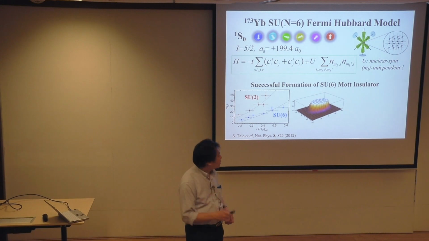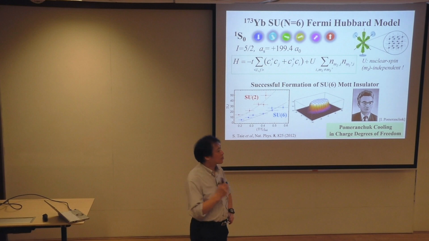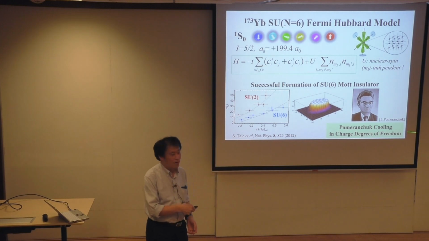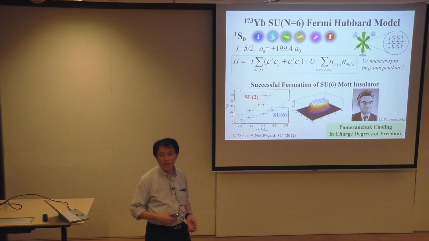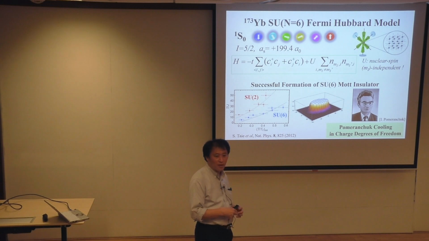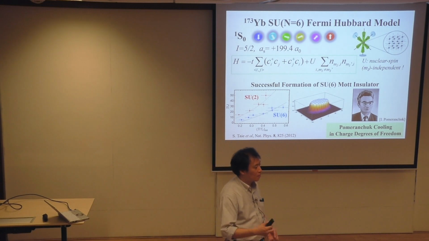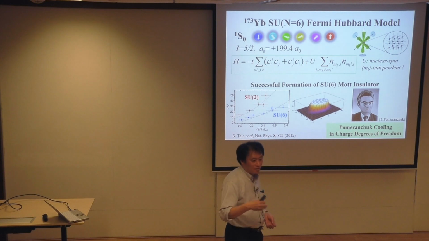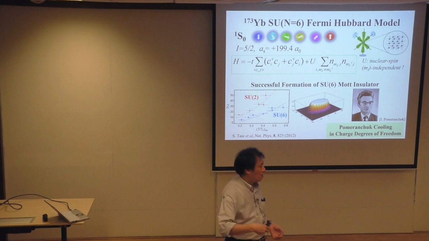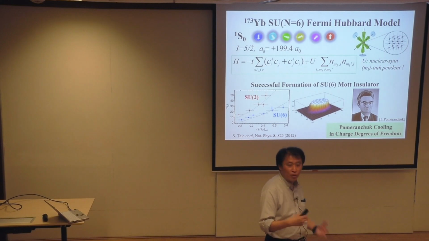This can be understood as an effect of Pomeranchuk cooling in the charge degrees of freedom. The Pomeranchuk cooling effect was an important cooling method for realizing the first superfluid helium-3 by Osheroff, Lee, and Richardson.